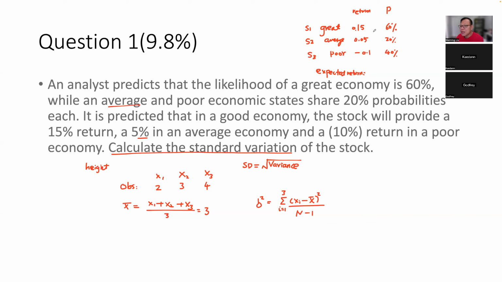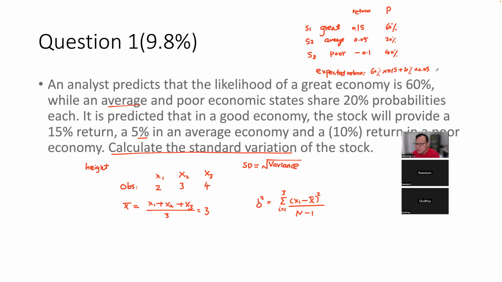Expected return. The way you do it is you use 60% times 0.15, plus 20% times 0.05, and then you use the remaining 20% probability times negative 0.1, right?